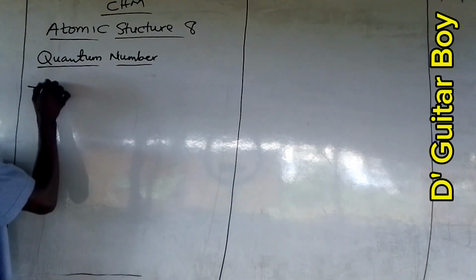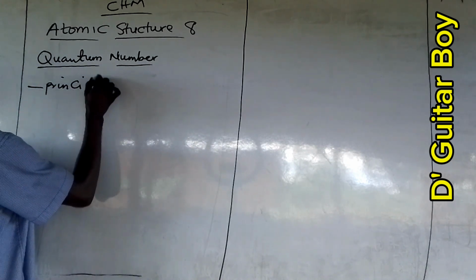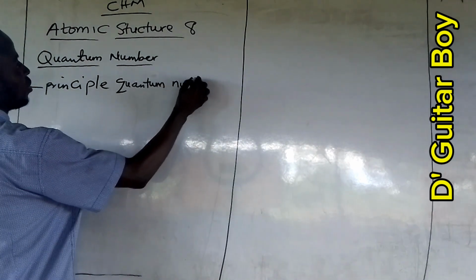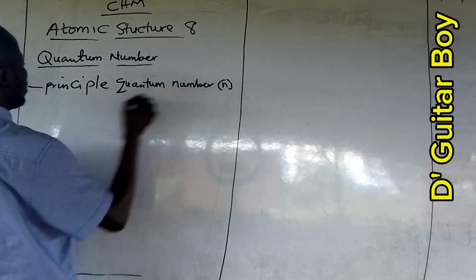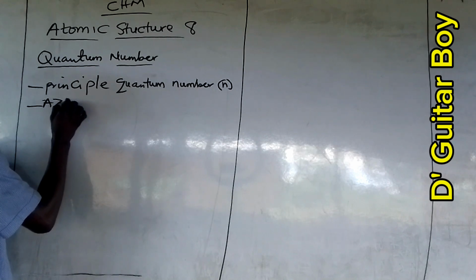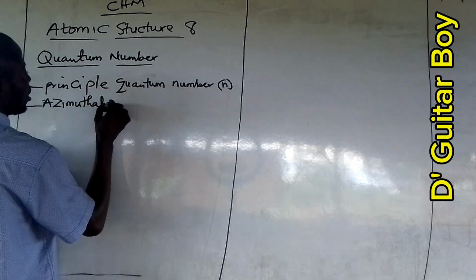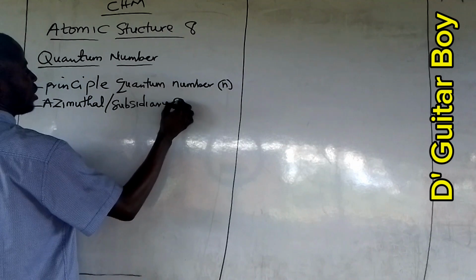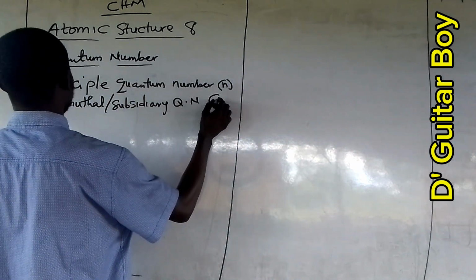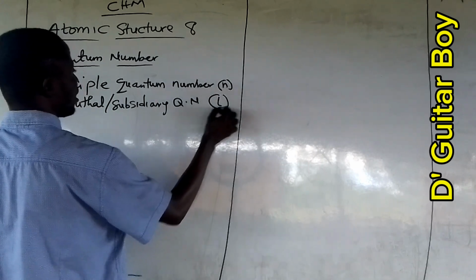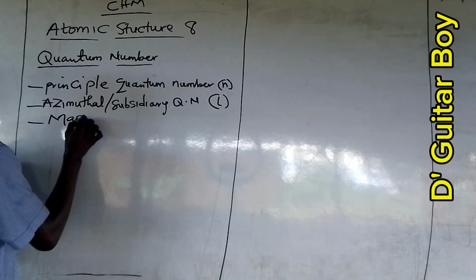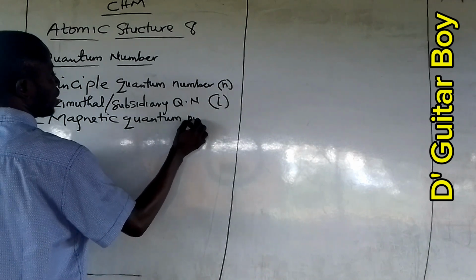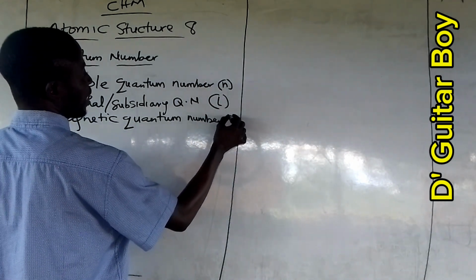They are: 1, the principal quantum number, which is represented by n; the azimuthal or subsidiary quantum number, which is represented by small letter l; and the magnetic quantum number, which is represented by m.